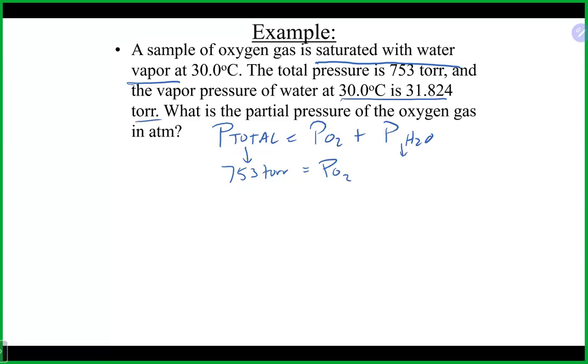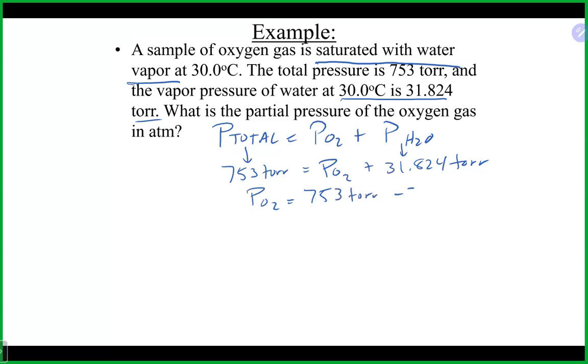A lot of times in book problems, they won't actually give it to you in the problem. You have to go to that table, find 30 degrees, and look up the vapor pressure of water. And you would find what we have here, hopefully, 31.824 torr.